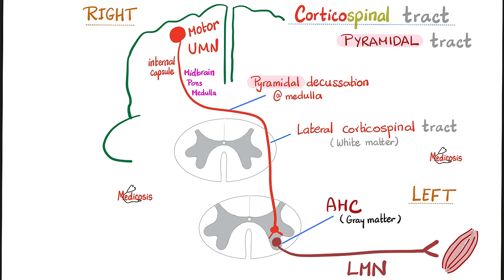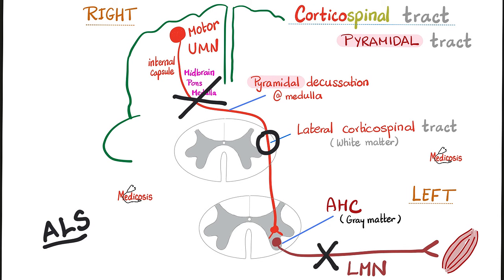So what's the problem in patients with amyotrophic lateral sclerosis or Lou Gehrig's disease? The problem is that the upper motor neuron is destroyed, hence the name lateral sclerosis. And if that was not enough, the lower motor neuron is also destroyed, hence the name motor neuron disease.